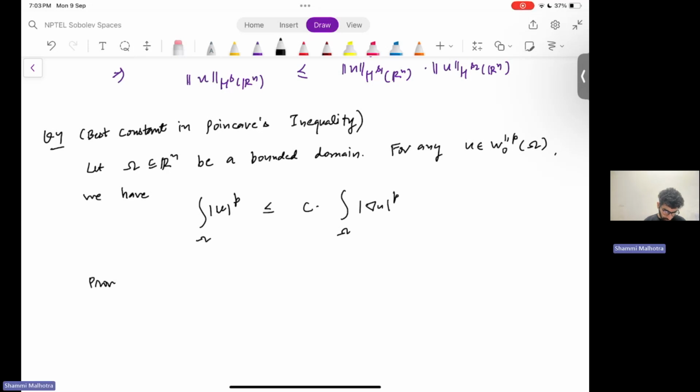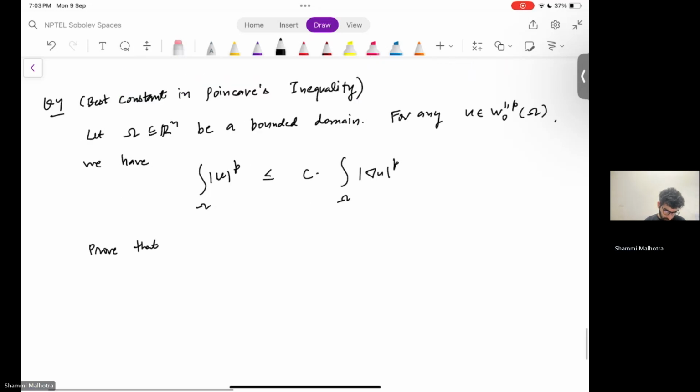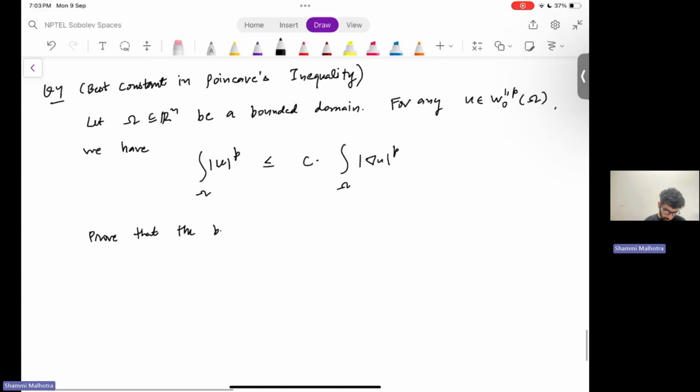We have to prove that the best constant in (star) is achieved.